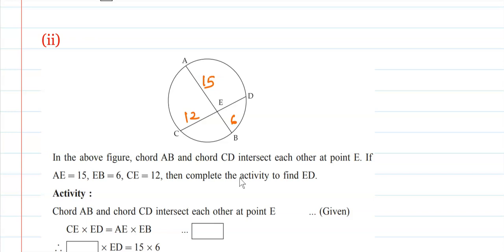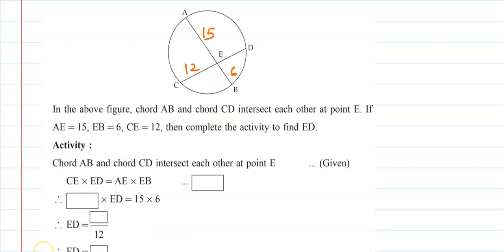Chord AB and chord CD intersect each other at the point E. And therefore here CE into ED is equal to AE into EB. For the reasoning, you will write the theorem of internal division of chords. Next, you have to substitute the values. What is the value of CE? CE is 12, so 12 into ED is equal to 15 into 6.